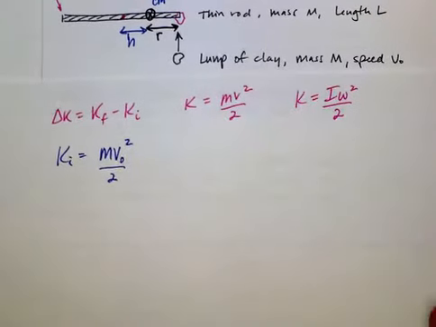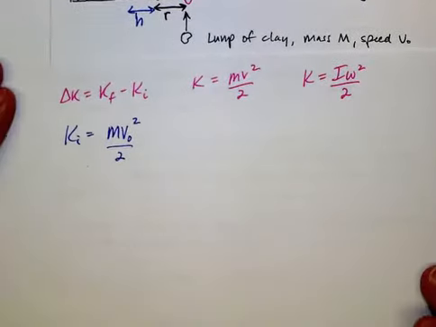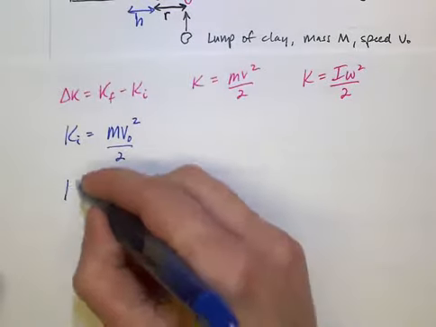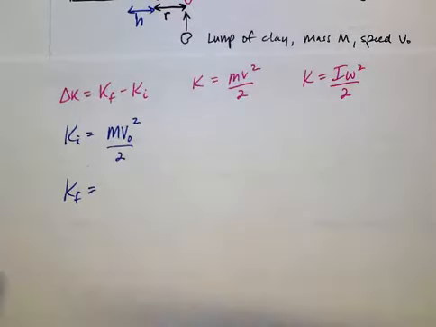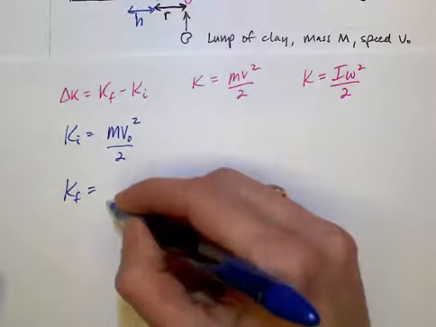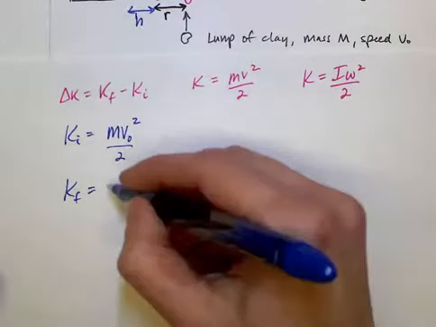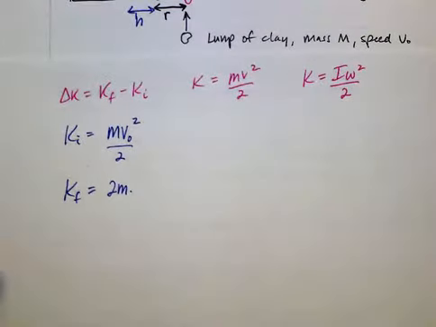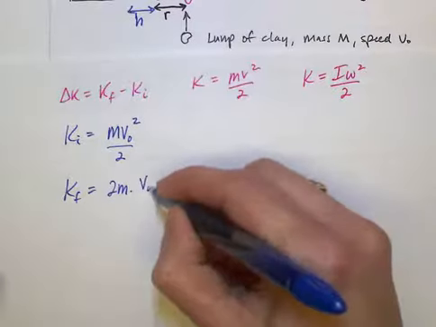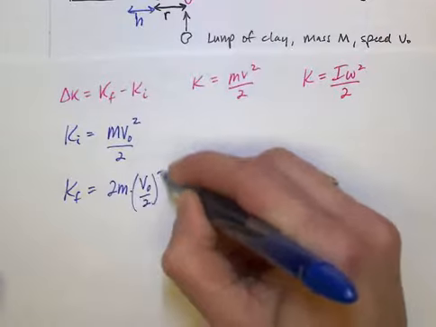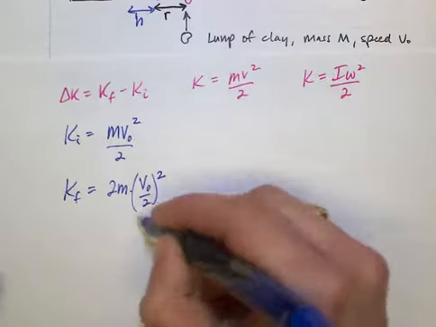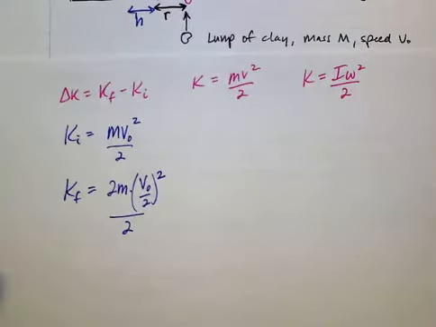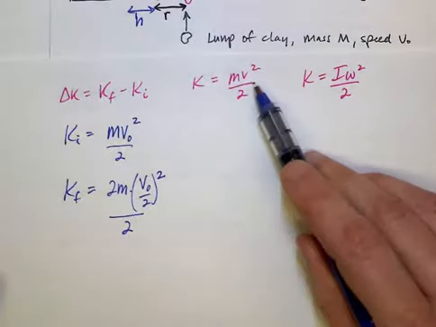Alright, unfortunately that's the easy part. The final kinetic energy is going to include the total mass of the system, the overall linear speed of the system, remember that was v sub o over 2, square that, and then divide by 2. So that's the mass times the v squared divided by 2.